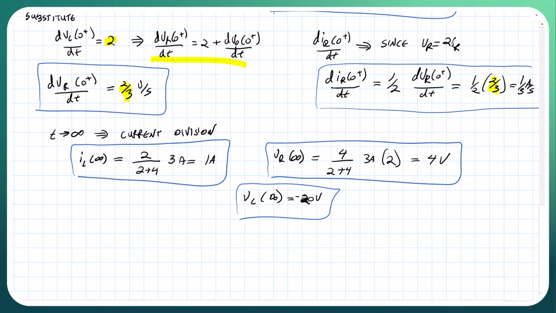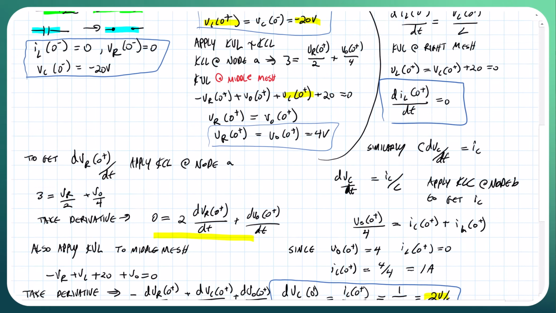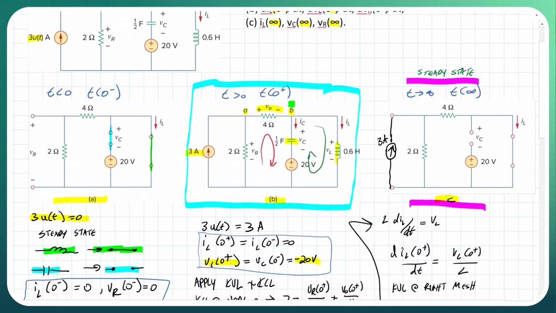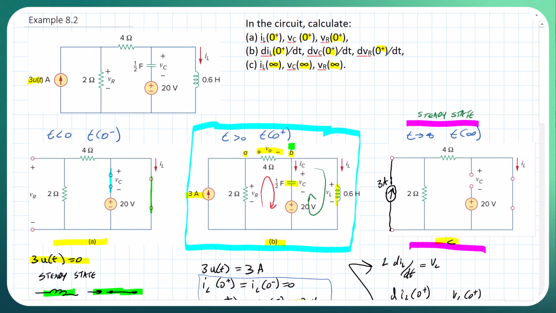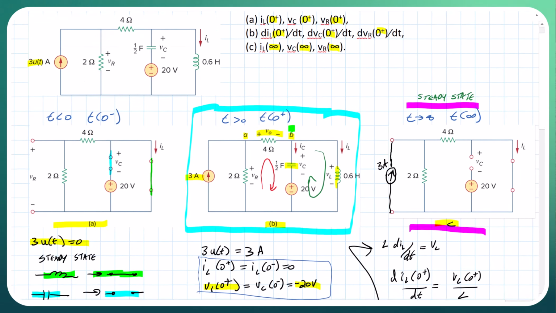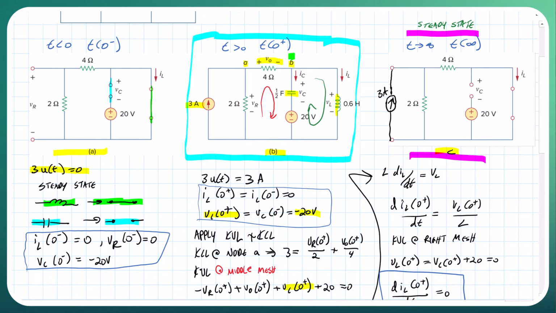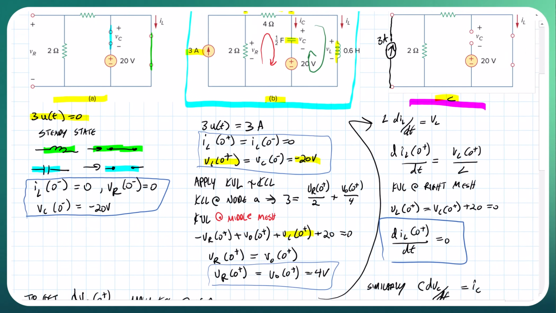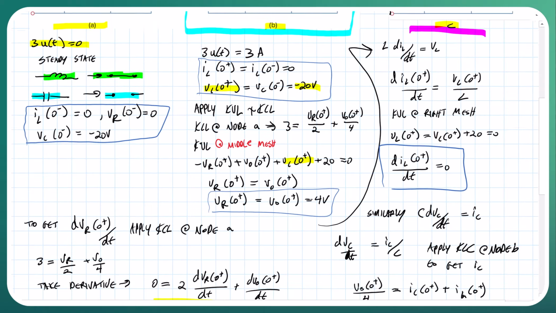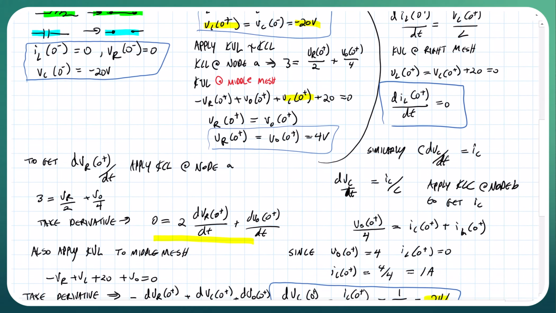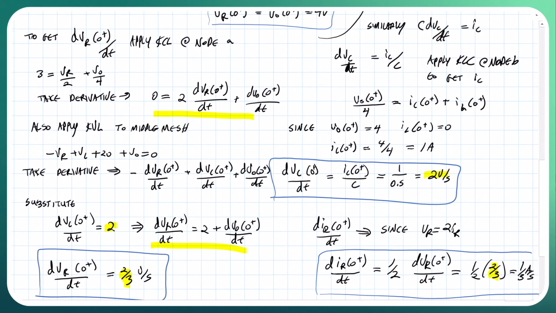And that's how we do the initial and final values of a circuit. Go back and review these steps, make sure I didn't make any mistakes, and that all the steps make sense. I went through the math fairly quickly, but double check it.